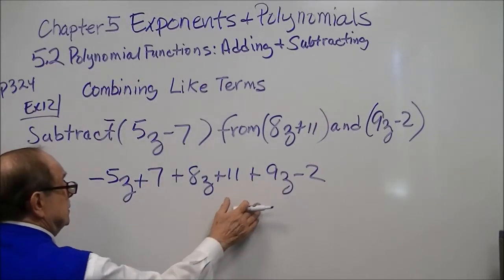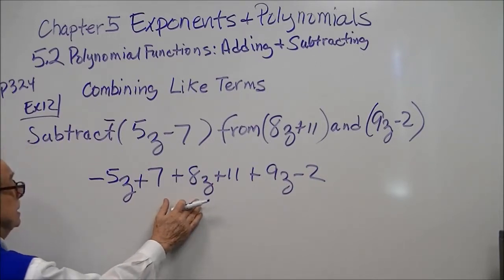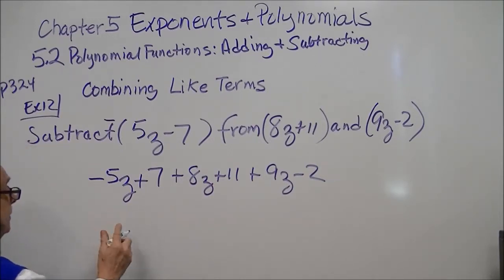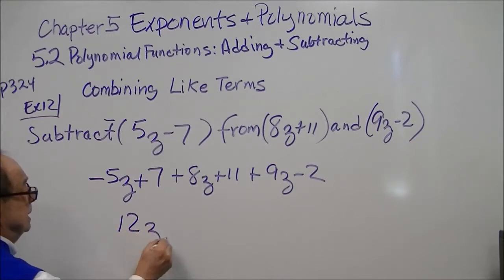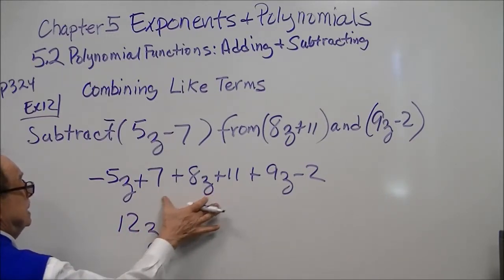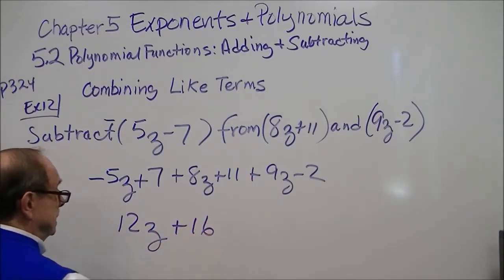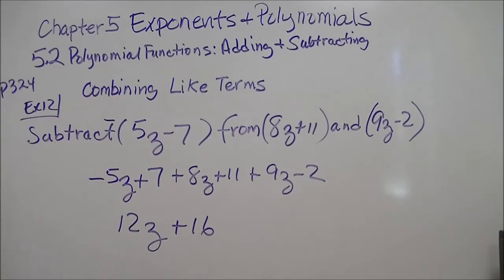So we can add these two together and get a 17, subtract the 5 and get 12z. Then we get an 18 minus 2 gives us a 16, and that's our answer.